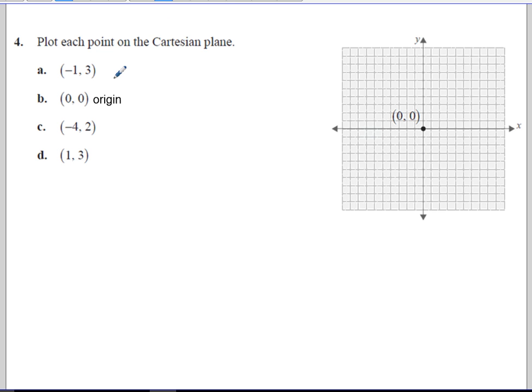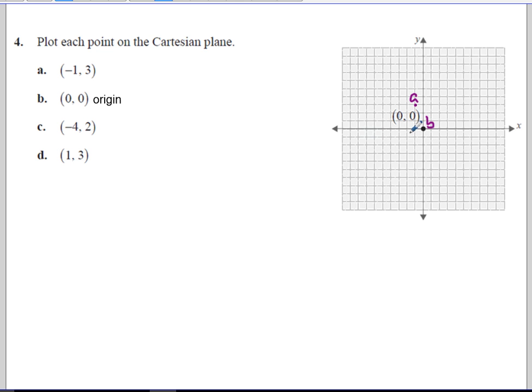Point A will be at -1, 3. So we're going backwards 1 space and positive, or up, 1, 2, 3. So point A is right there. B is already put on there for us at 0, 0. C, we're going backwards 4 and then up 2.